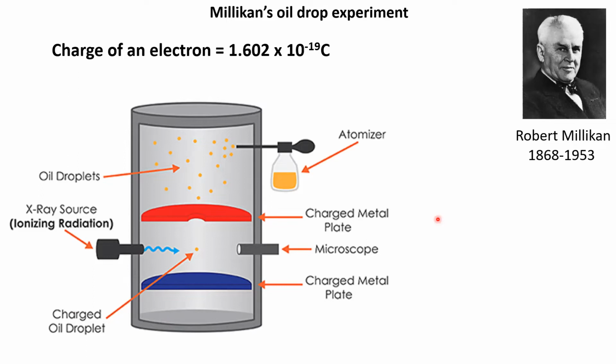In your syllabus, it doesn't go into great detail about the experiment. But anyways, I will explain how he did it in simple terms, because it always fascinated me how on earth a person can find the mass and the charge of an electron with an oil drop.